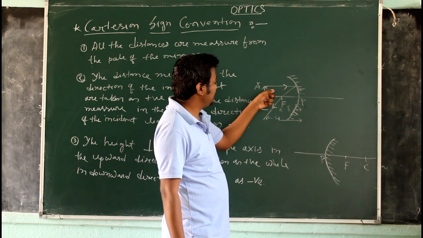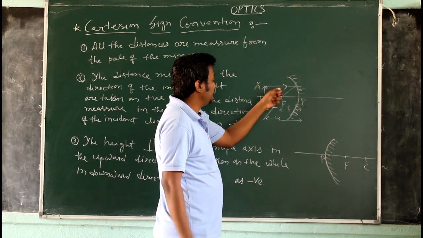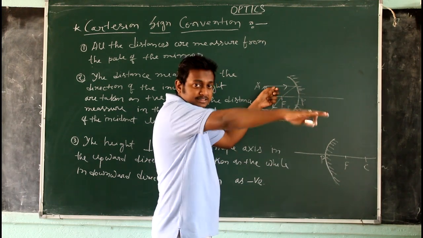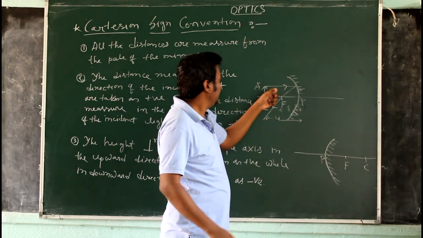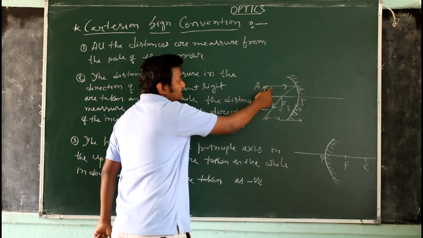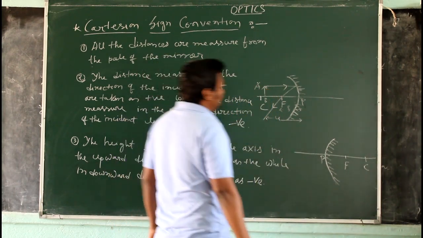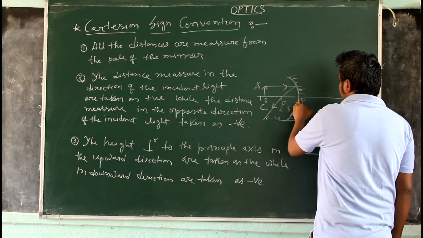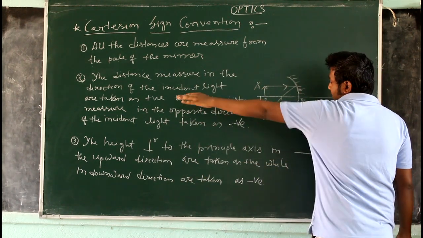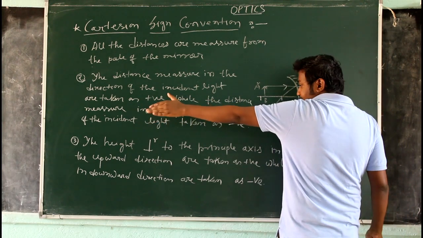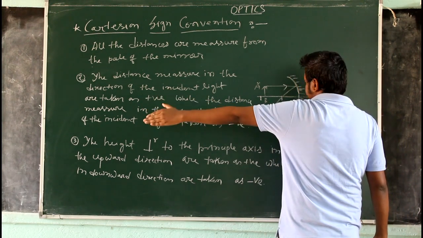The second thing is the distance taken in the direction of the incident ray. To find the distance of the object, we have to measure in the opposite direction of the incident ray, that means to my left hand side.